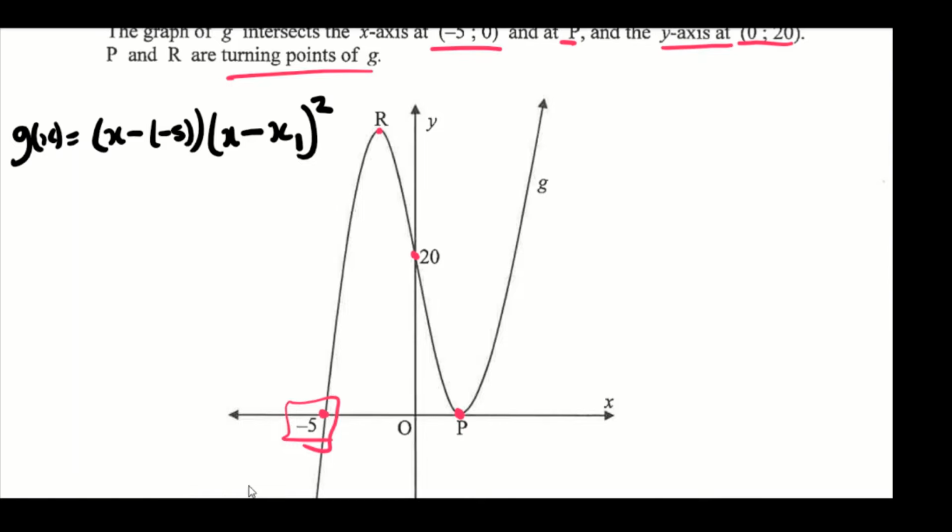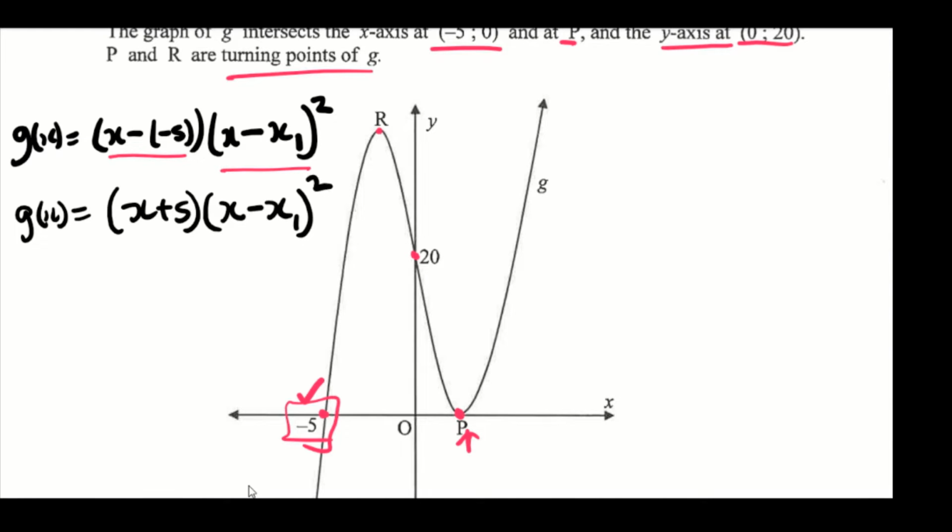This portion is just this -5, and this portion is this p. The reason why it's squared is that it's an x-intercept and also the turning point of the graph of g of x, right? So hence I did that. Then you're going to have g of x equals x plus 5 times x minus x1 squared.